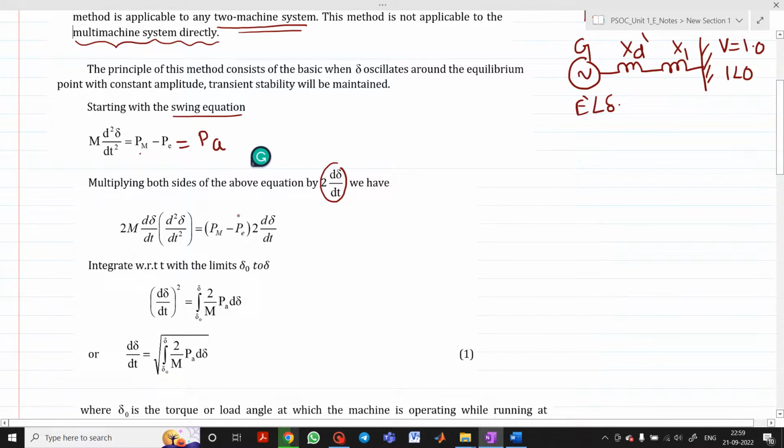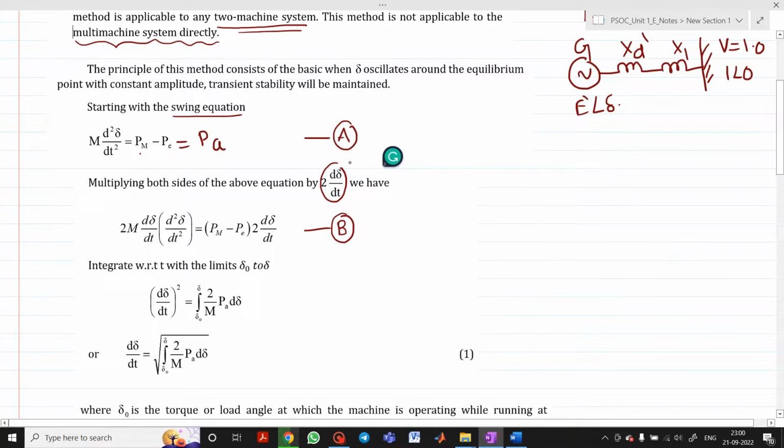On the right hand side, this is Pm minus Pe, or simply you can write Pa also, times 2 d delta by dt. Let's say this is equation number A, and I will take this as equation number B. Now what we have to do is integrate equation number B with respect to t with the limits of delta 0 to delta.